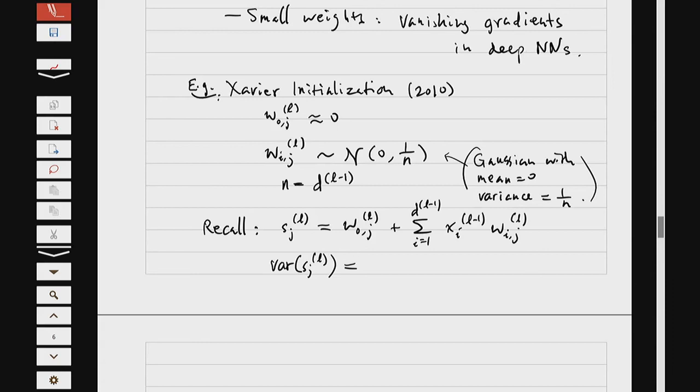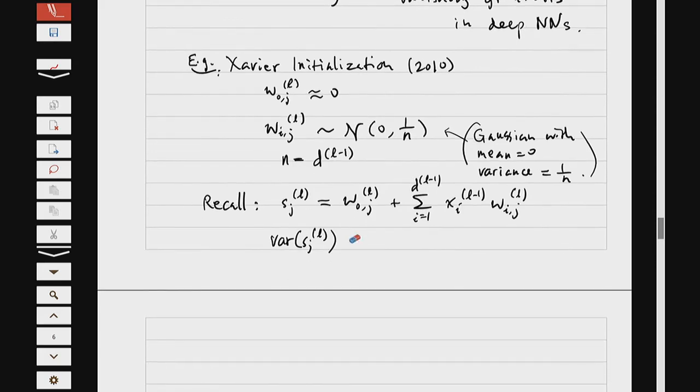Okay? In reality, they are not. But roughly, if they're independent, then the variance of the sum equals the sum of the variances. Very good. Variance of the sum equals the sum of variances. In that case, this is roughly equal to the variance of W, which is 1/n already, right?